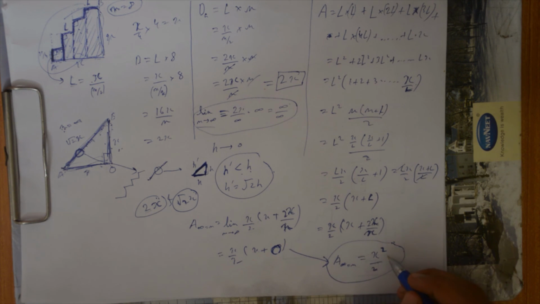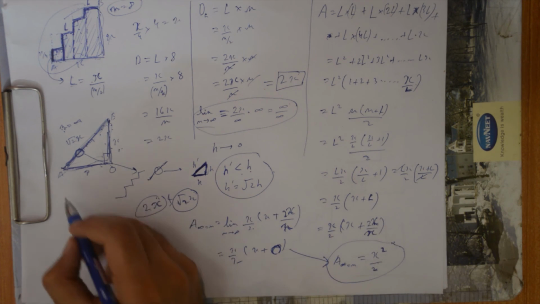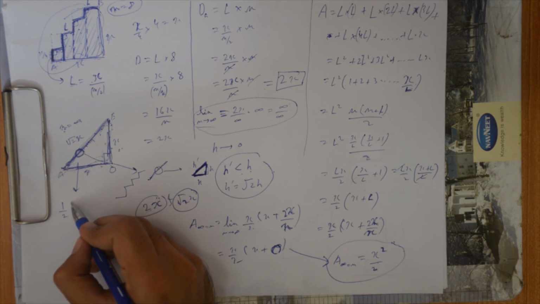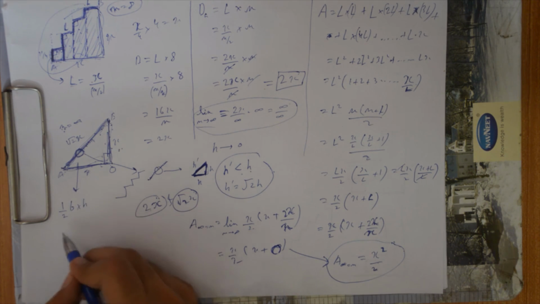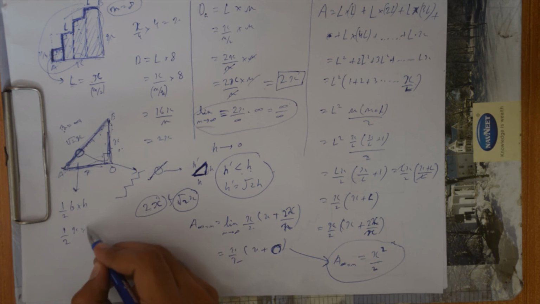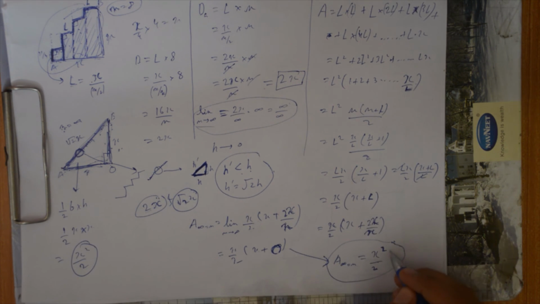And in fact, you can confirm this: the area of a right angle triangle is half into base into height, where we put the base and the height as x, and x into x would turn out to be x square by 2, which is the same as this.